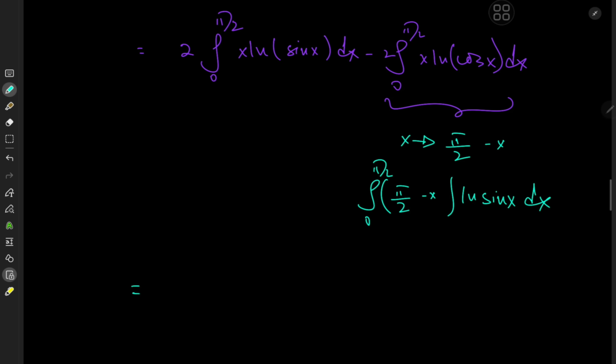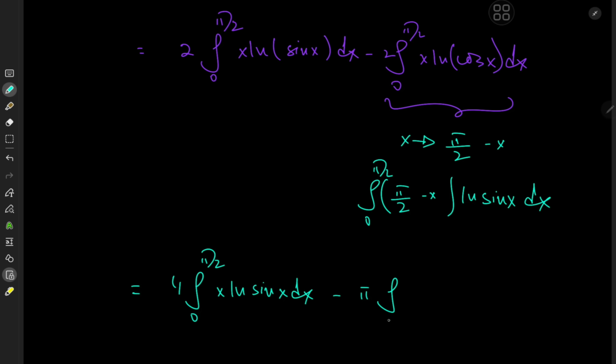So what we have is the two negatives canceling out, and we have 4 times the integral from 0 to pi over 2 of x times log sine x dx, terribly sorry about that, minus 2 times pi over 2, which is, well, just pi.